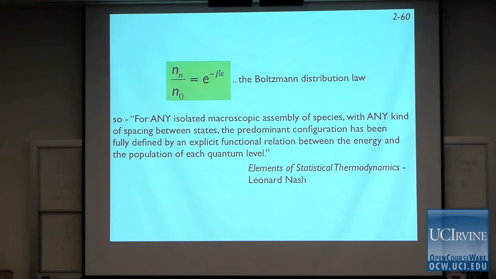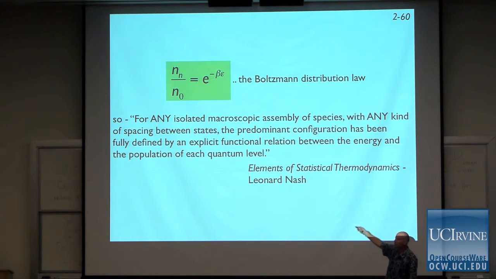Leonard Nash, who is my hero, says, for any isolated microscopic assembly of species with any kind of spacing between the states, any kind of state spacing, the predominant configuration has been fully defined by an explicit functional relation between the energy and the population of each quantum level.